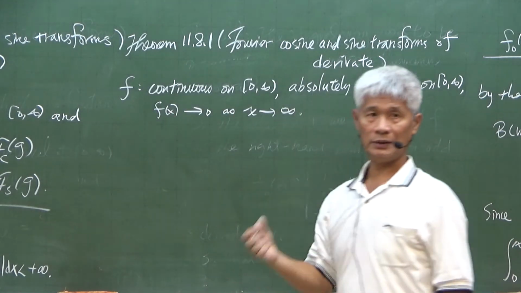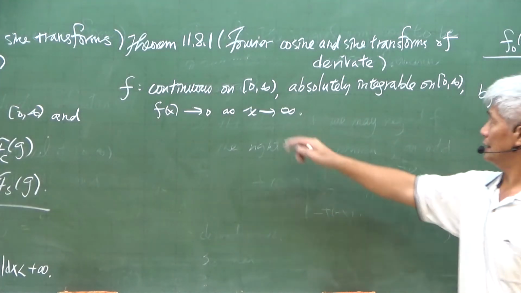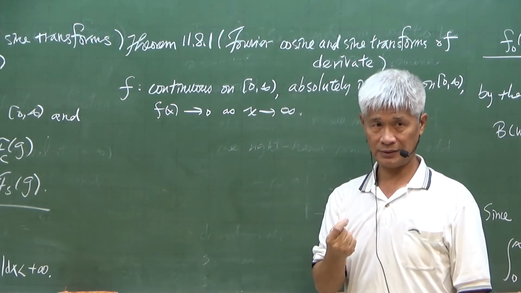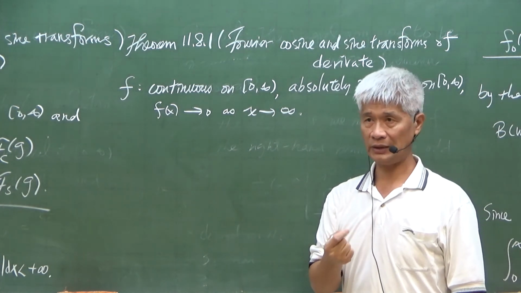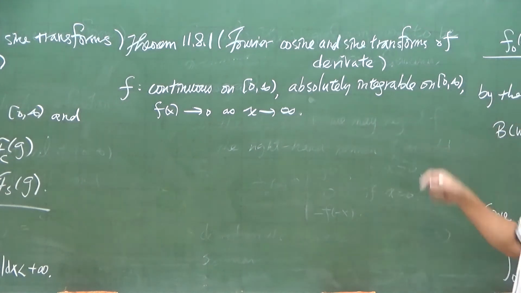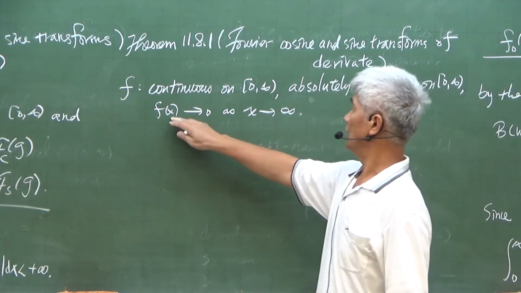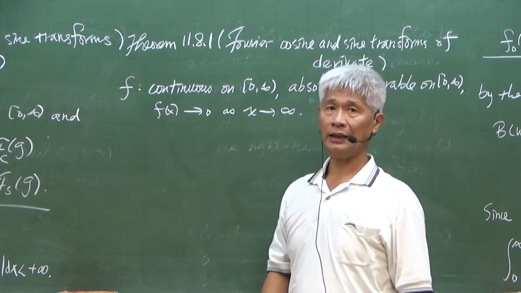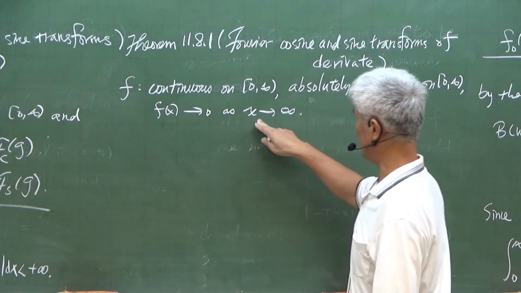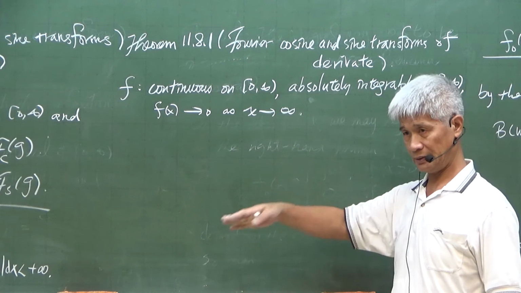So f has three characteristics. One is that f is continuous. Second is that f is absolutely integrable. Third is that f of x vanishes as x goes to infinity. Okay, so it decays.